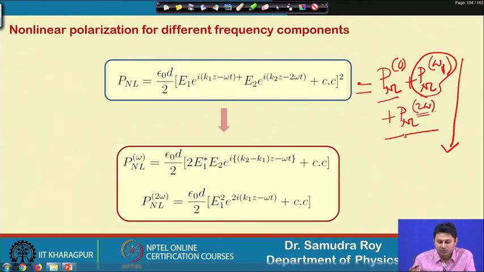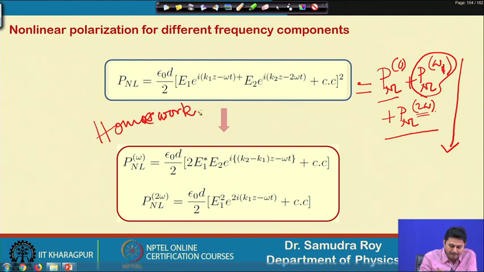Now, I can also put this as some sort of homework: how one can generate P nonlinear omega from this term.